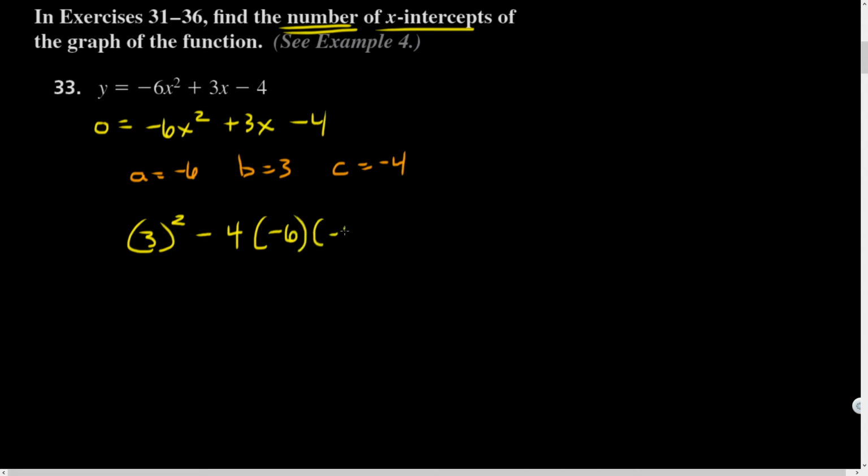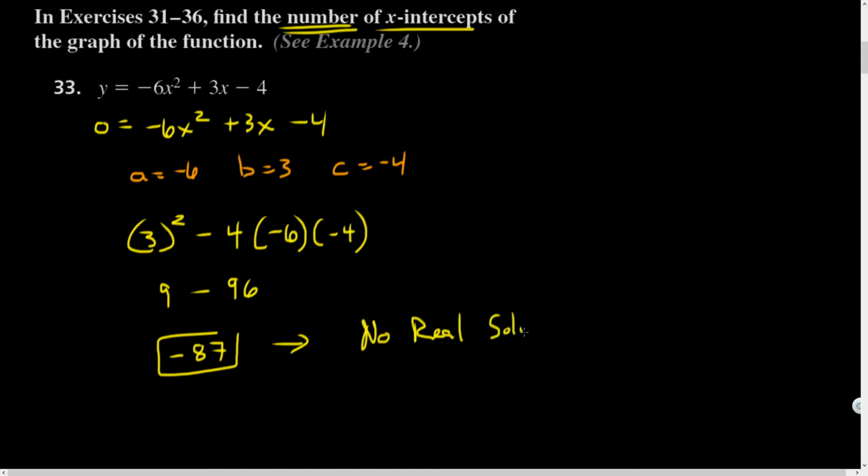So I've got 9. 3 negatives, so there's 2 that pair to be positive, but 1 left over. And 4 times 6 is 24, times 4 is 96. And uh-oh, that's going to be negative. What is that? Negative 87. And if the discriminant is negative, there are no real solutions. And yeah, they're both imaginary.